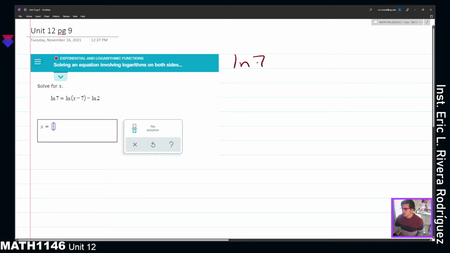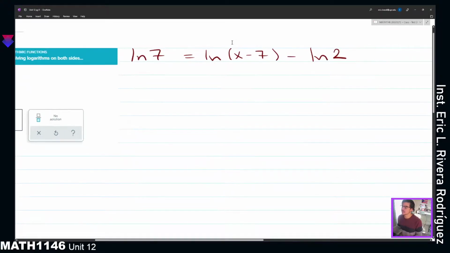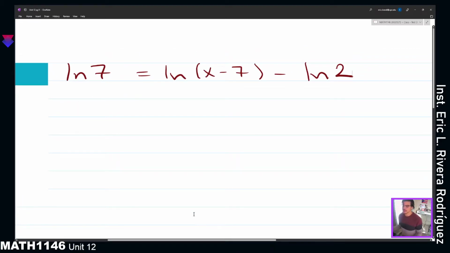This one here, again, we will need to combine. Again, if you have any question, feel free to stop me anytime. So we have here a logarithmic equation with logarithmic functions.